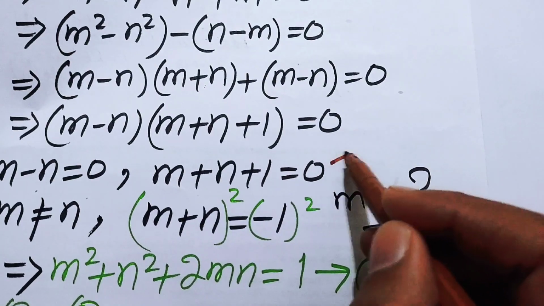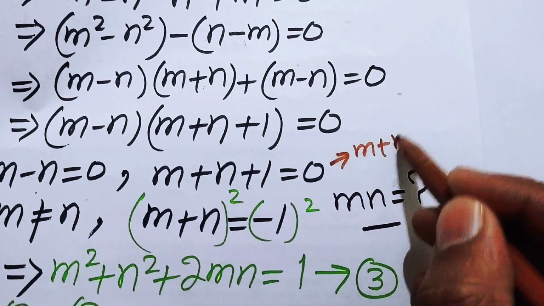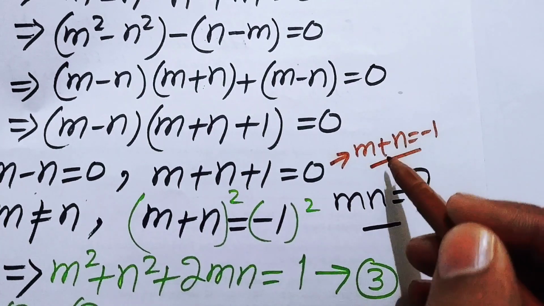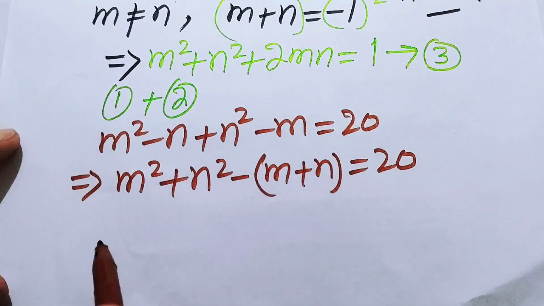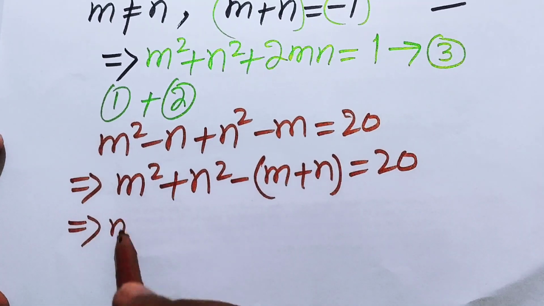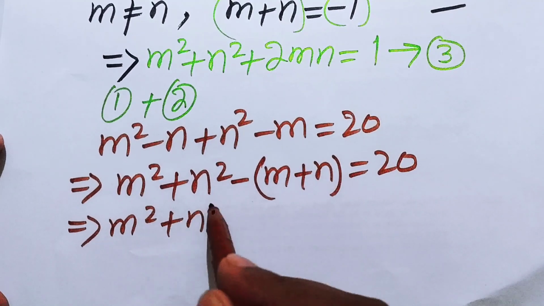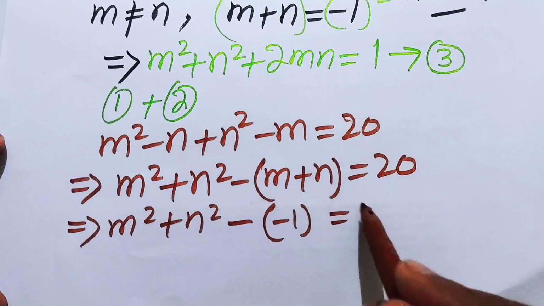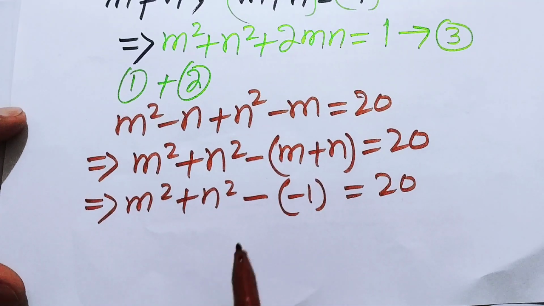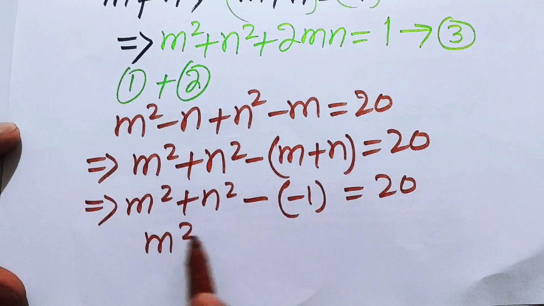Here we use the value of m plus n, and you see that m plus n equals to minus 1. So we use the value of m plus n equals to minus 1 here, and you get m square plus n square minus times of minus 1 equals to 20.